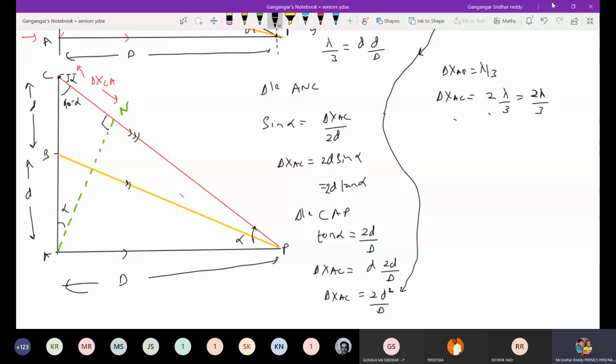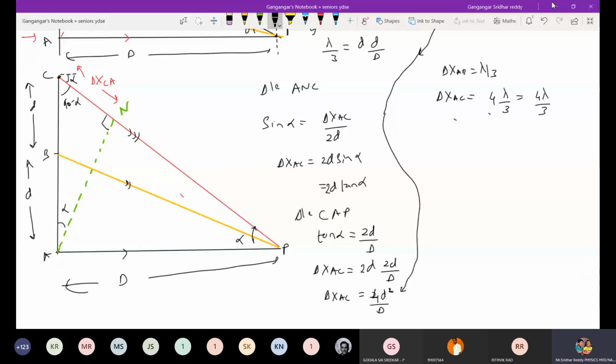Delta XC is equal to 2d tan alpha is 2d. So this will become 4 altogether. Delta XC will be 4 lambda by 3. I made a correction, just notice all of you.